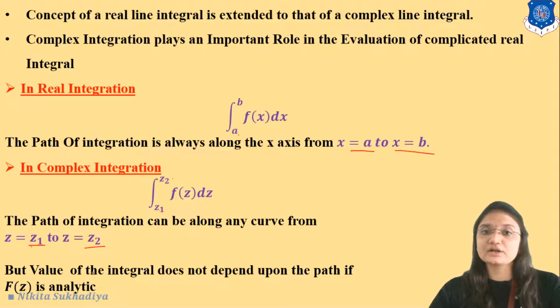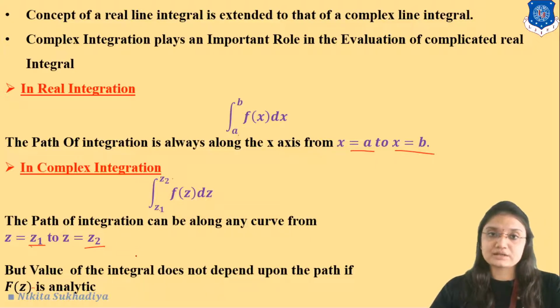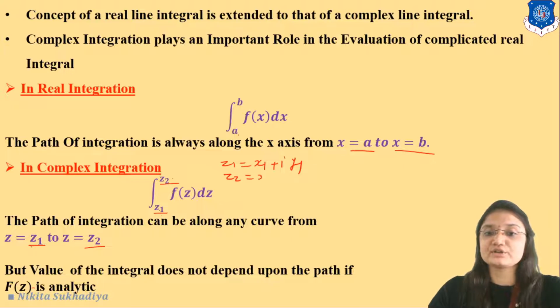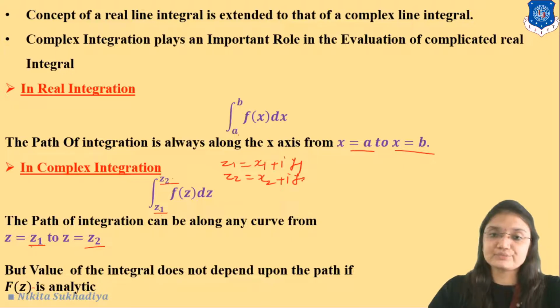The condition is that our function f of z is analytic. Here z1 is equal to x1 plus iy1 and z2 is equal to x2 plus iy2.